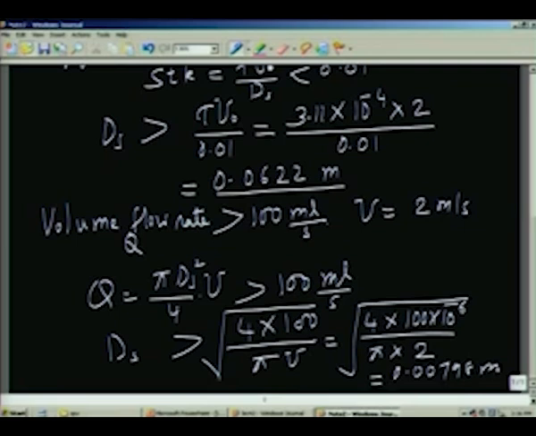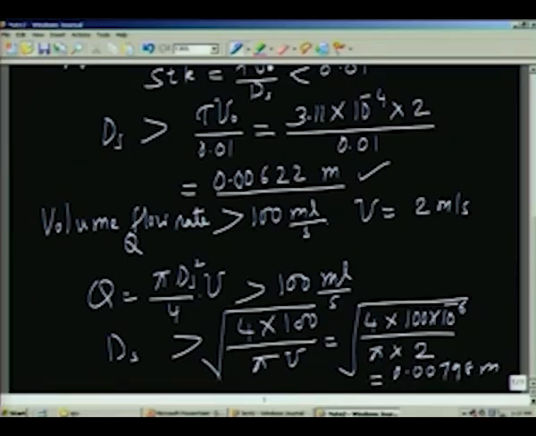So, we have two values now. The first requirement from the Stokes parameter consideration is that the diameter should be greater than 0.0622. I think it is 0.00622. Okay, we will correct it here. And from the point of view of volume flow rate, it is 0.008 meters.